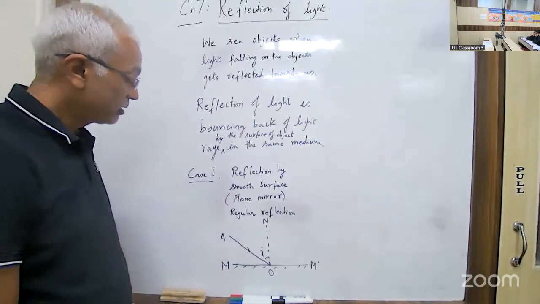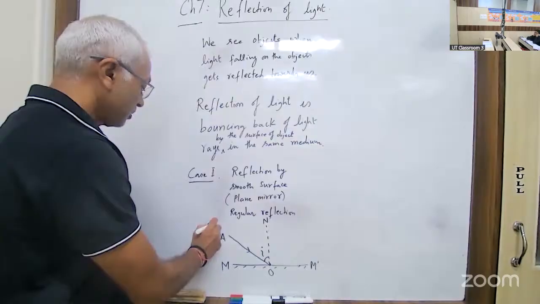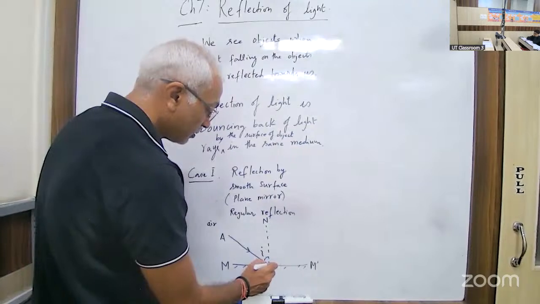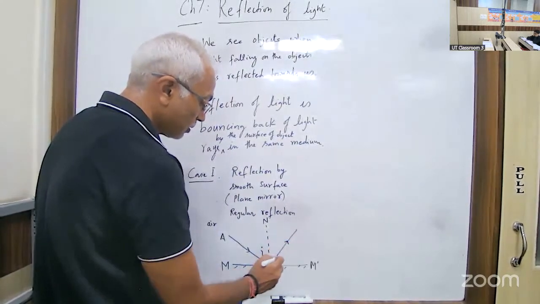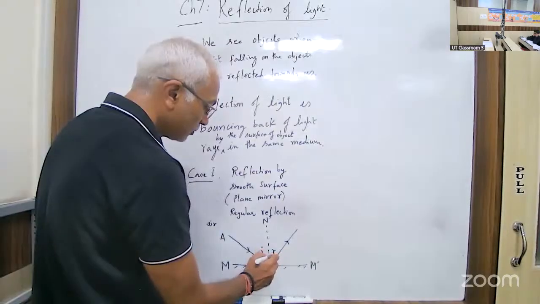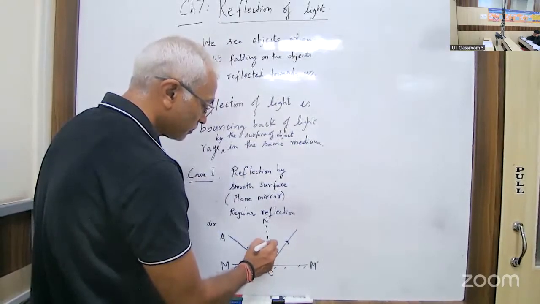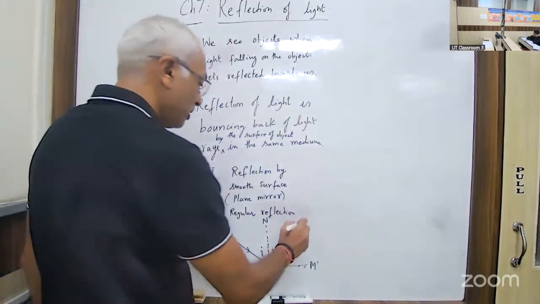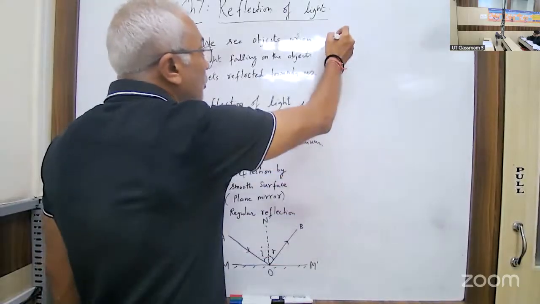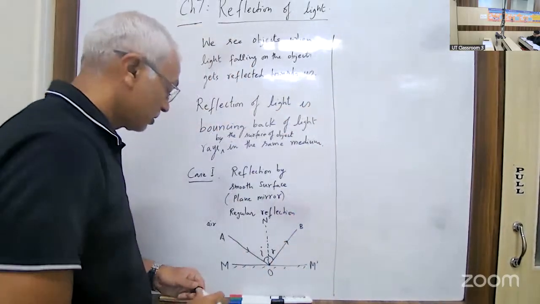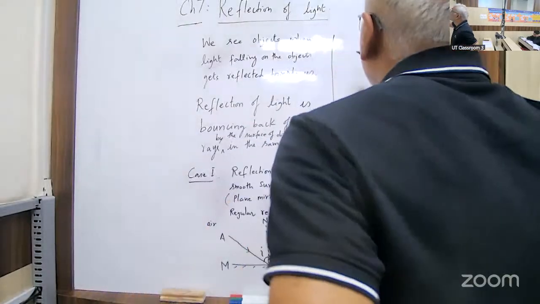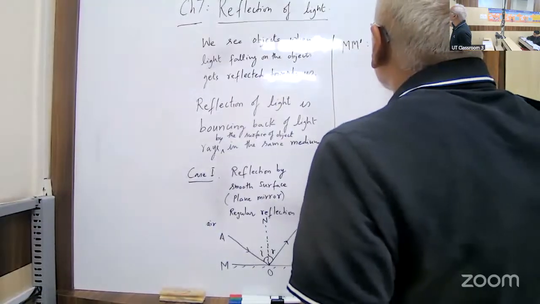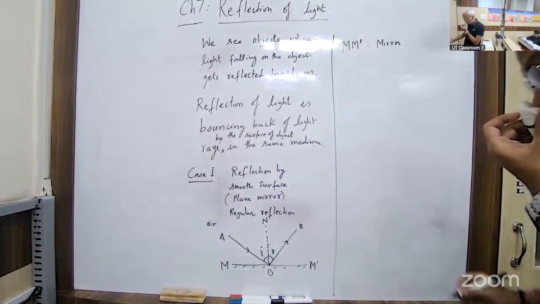Now, this is the incident medium. Let's say the medium was air through which the light came. It will be bounced back in air and it will make the same angle as i. So the angle of incidence will be equal to the angle of reflection. Let us say this is B. So MM dash is the mirror, which is the reflecting surface.